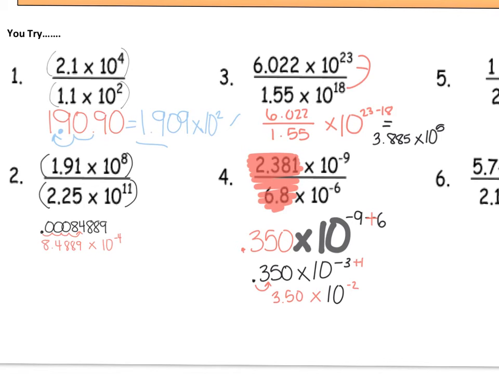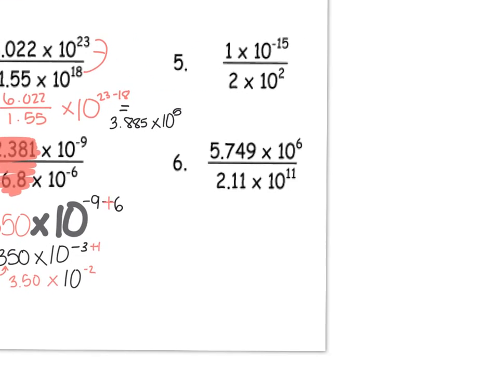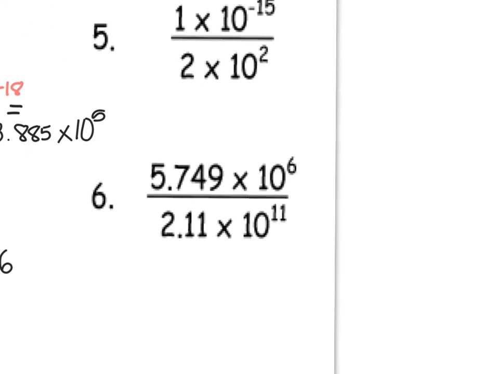Like I said, this would be my B answer, this would be my A answer. B answer would be 0.350. A answer would be 3.50. Do you see the difference? Gail, you okay? You're good? All right, so go ahead and do 5 and 6. Take a minute, and then we'll discuss our answers, okay?